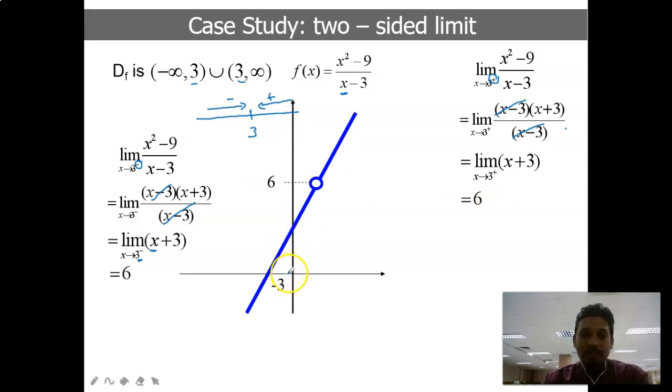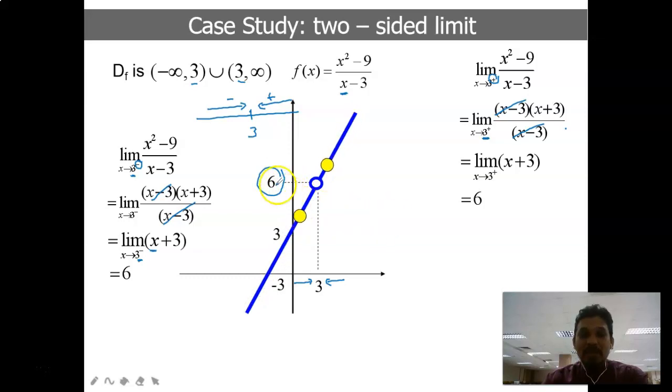When x approaches 3, we're talking about x equal to 3 here, 3 from the left and 3 from the right. Looking at the graph, it approaches one value of y, which is y equal to 6.